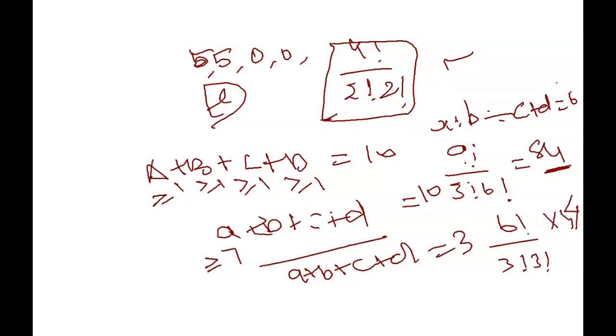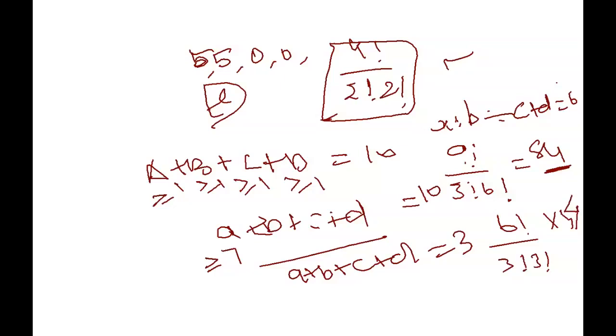So maximum value for a die is going to be 6 only. Okay, so it's going to be 6 factorial divided by 3 factorial into 3 factorial, into 4. So a வந்து 7 இருக்கலாம், இல்ல b வந்து, எல்லாத்துக்கும் chances இருக்குல்ல.